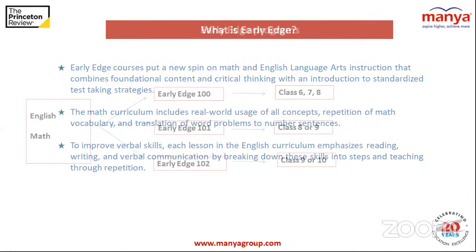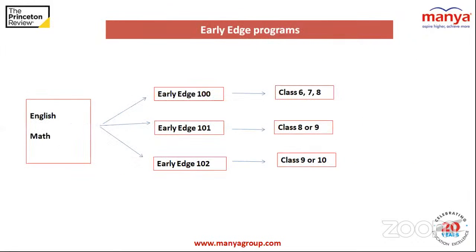Now this actually has three levels: Early Age 100, 101, and 102. The first level is for class 6 to 8 students. The next level can be taken in 8th grade also, or in ninth grade. Similarly, 102 is for 9 or 10. Based on the student's ability, we assign these levels, either 100 or 101 or 102.